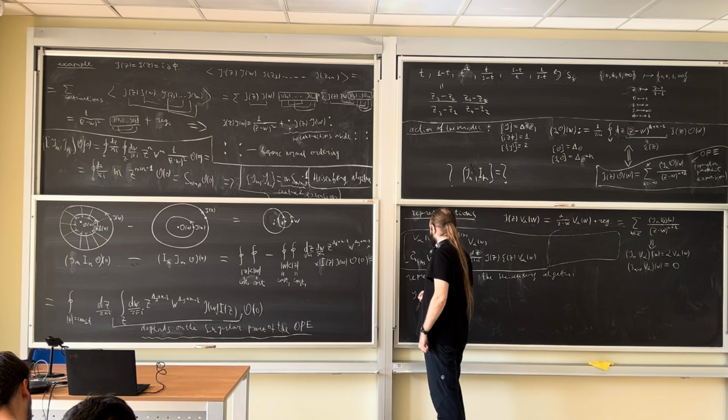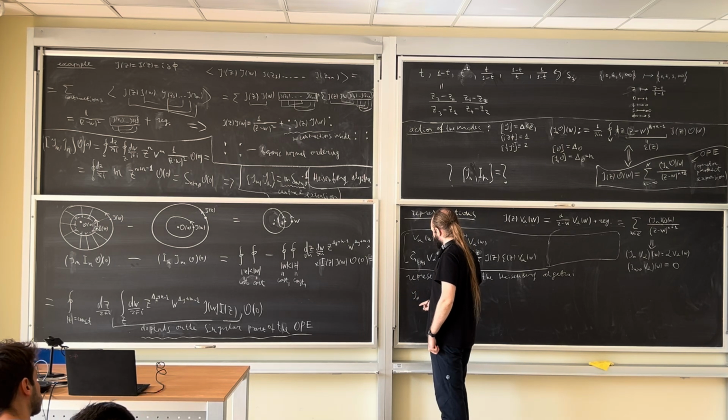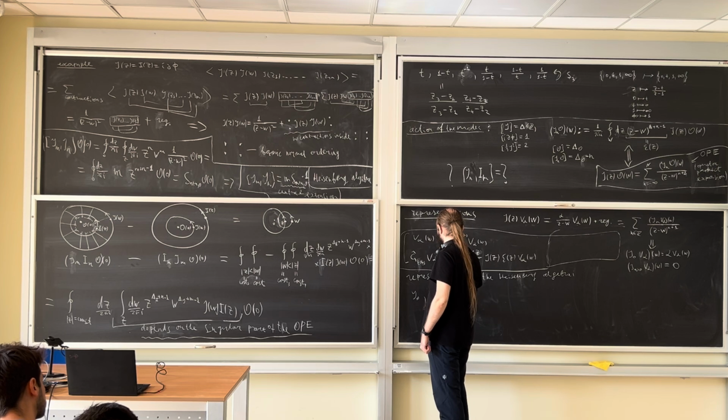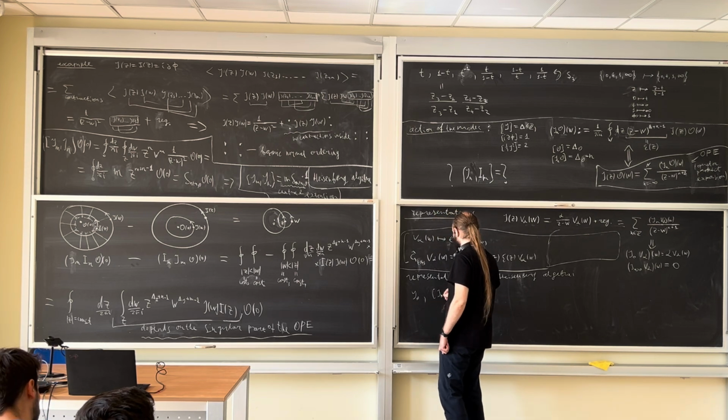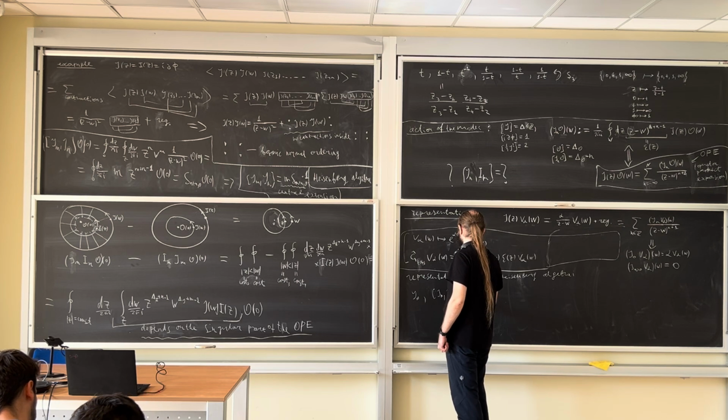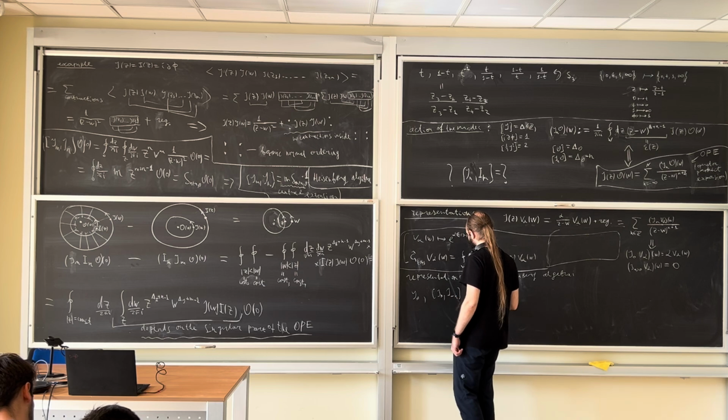So it is a combination of J0, which commutes with everything, and pairs of commuting harmonic oscillators, J_n with J minus n equals n.